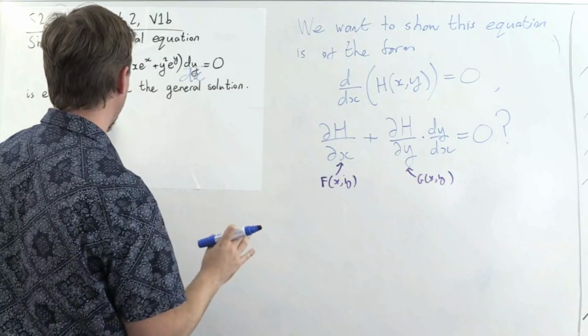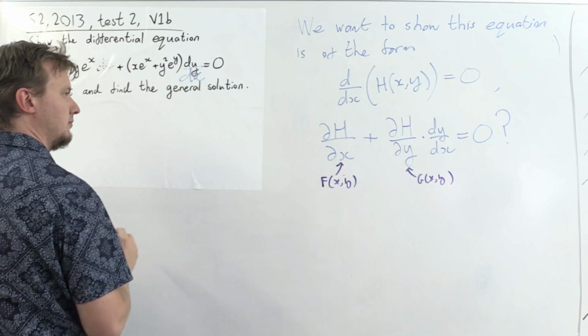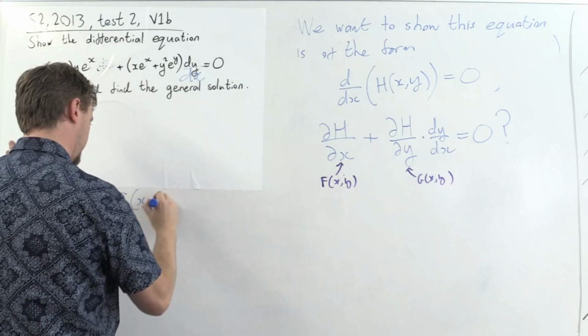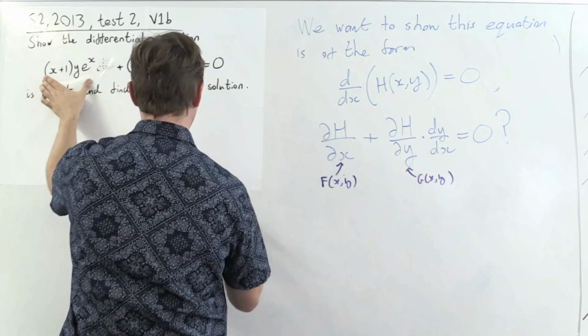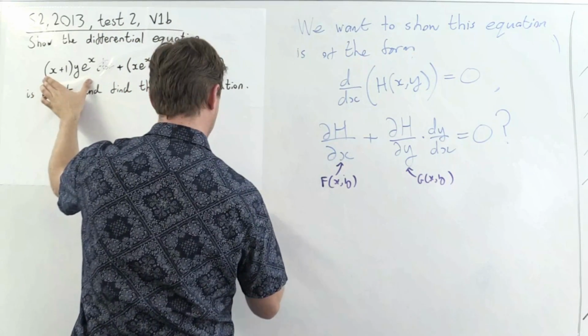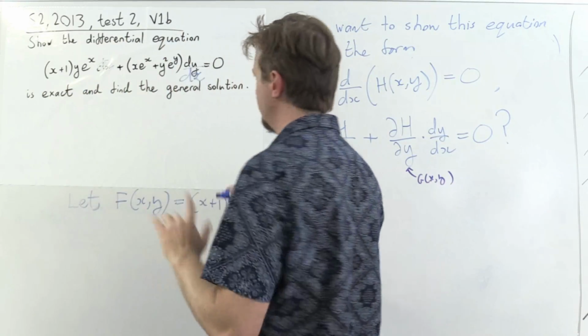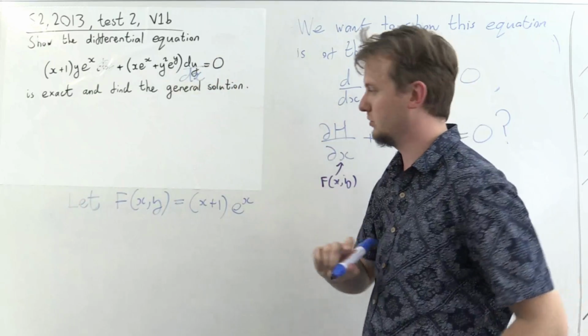Looking at what we need to match up, I need to let f be equal to this term here. Now it's important you don't try and modify what you've been given. I did see on the forum someone tried to modify the equation then do this check. It only works if they're telling you it's exact, it must be the way it's written.